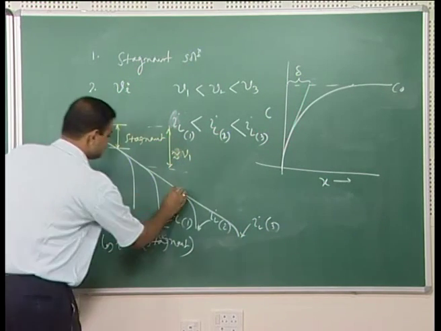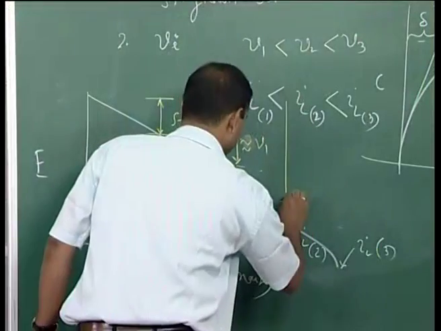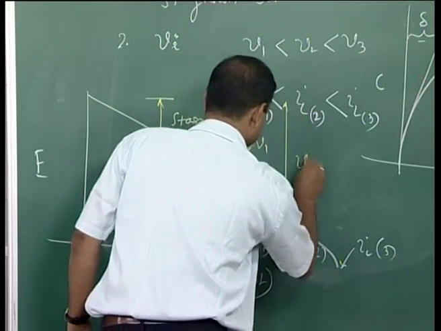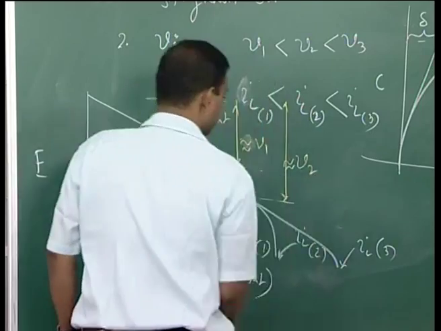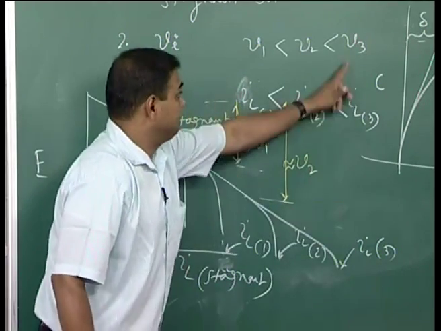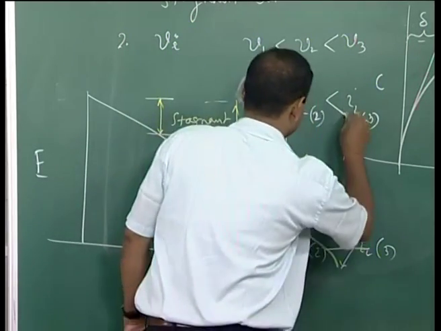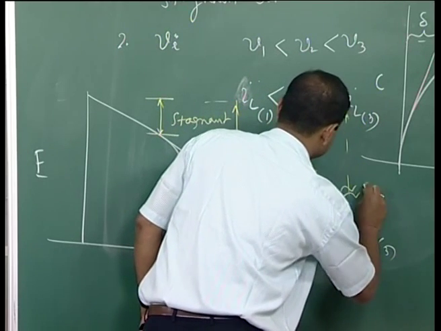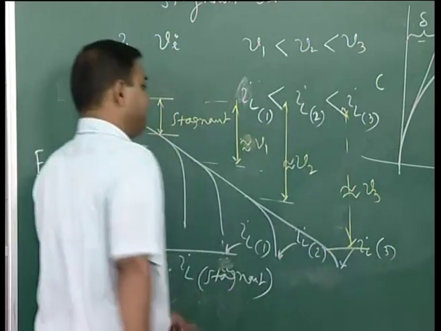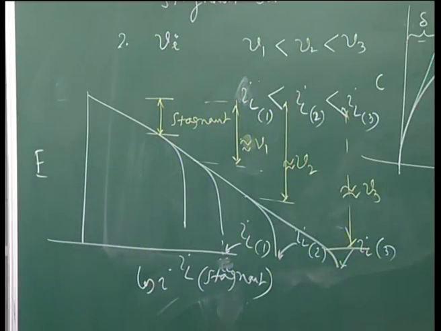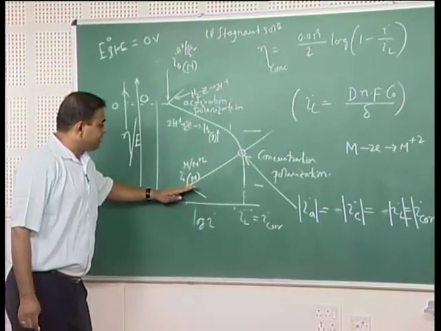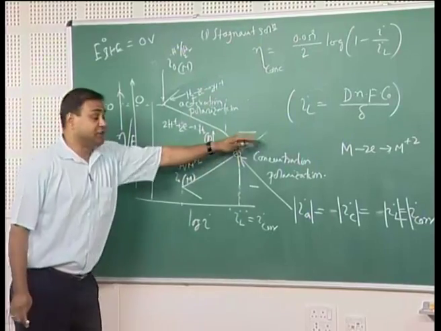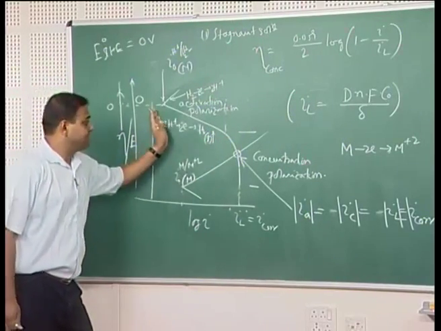When I increase the velocity to this, my activation polarization width is becoming this, corresponds to V2, and when I increase it to V3, my corresponding activation polarization width is this one, corresponds to V3. Now same thing, we are not affecting this reaction, anodic side, we are only affecting this side.